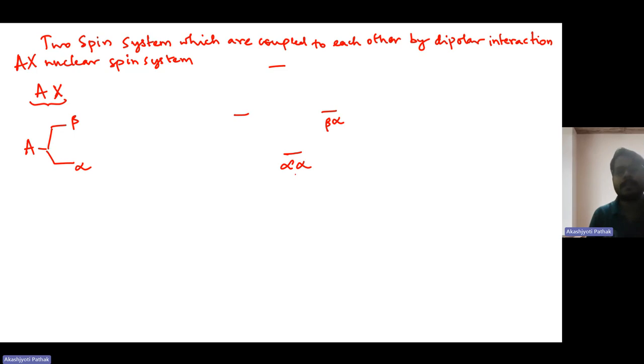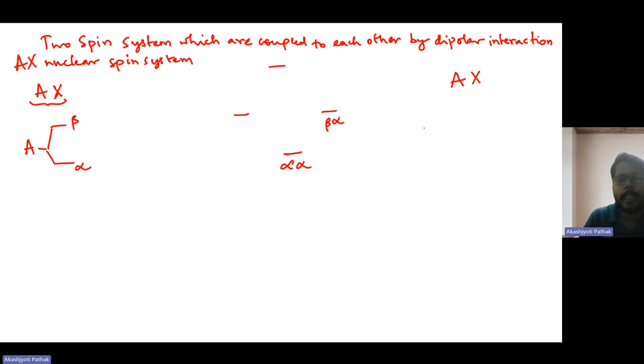Beta alpha spin state means that, A and X. Okay. So the first spin state that we will write will be referring to the spin state of the A nucleus. And the second spin state that we will be writing will be referring to the spin state of the second nucleus. So in alpha alpha, it means that the nucleus of A is in alpha spin state and X nuclei is also in alpha spin state.